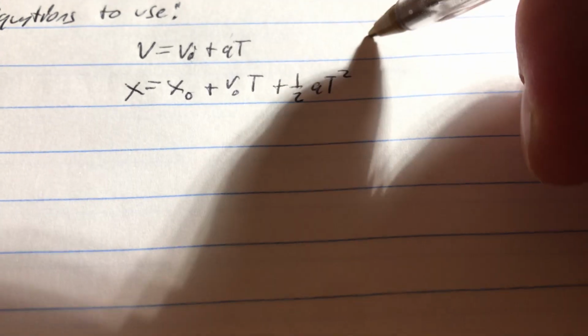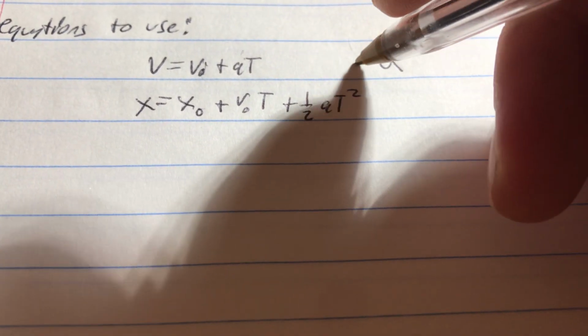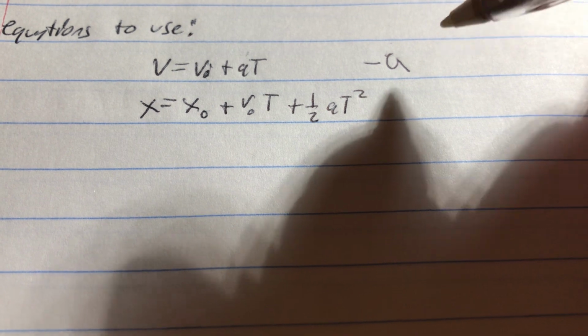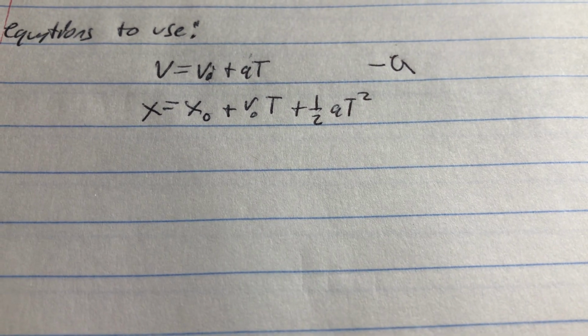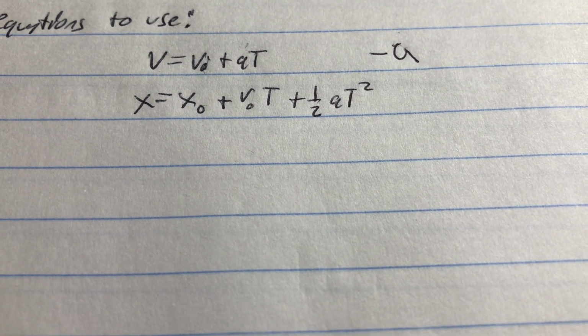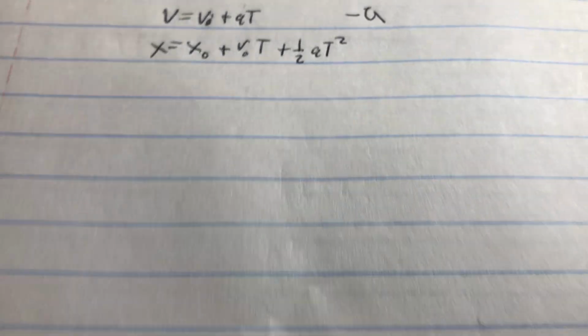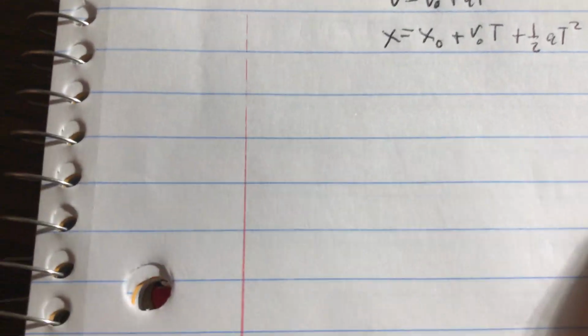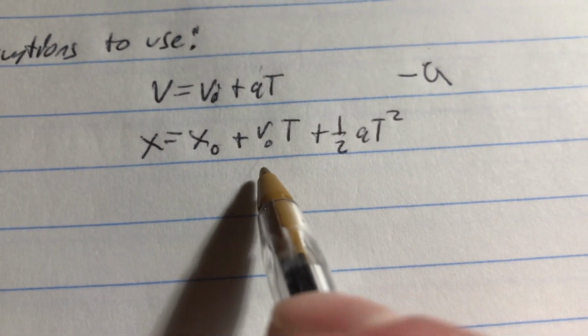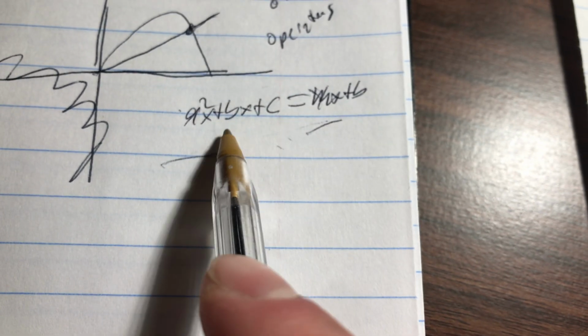A reminder that a is going to be negative, at least I'm calling it negative in this problem. I thought it made things easier. So let's solve. First, let's take the two equations of their position and solve a system of equations, setting them equal to each other.